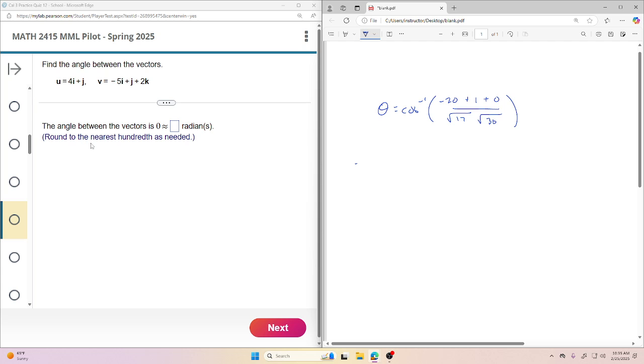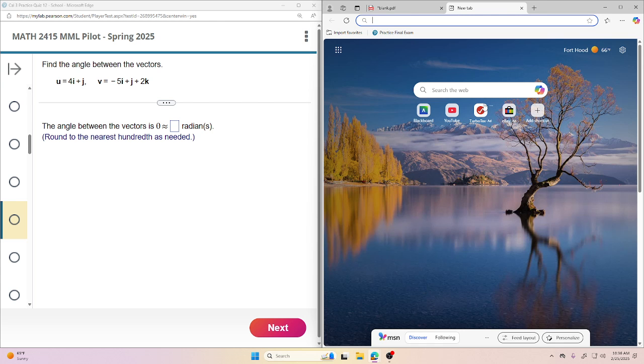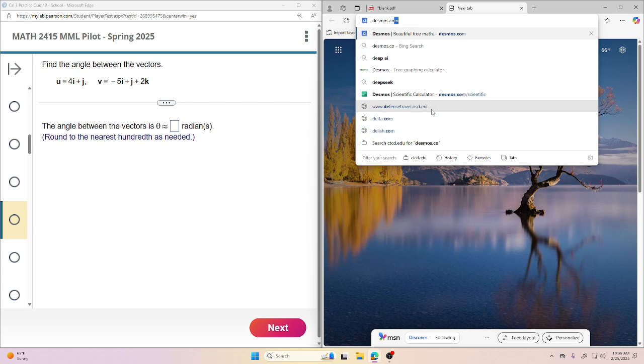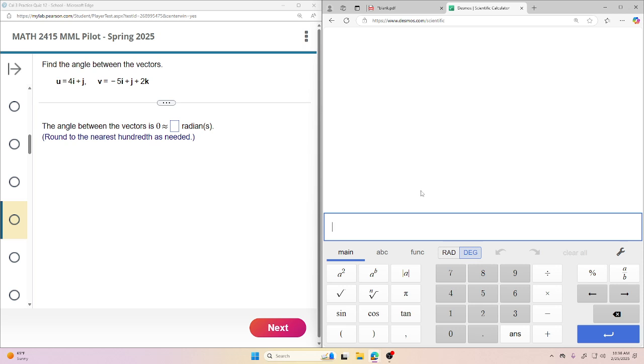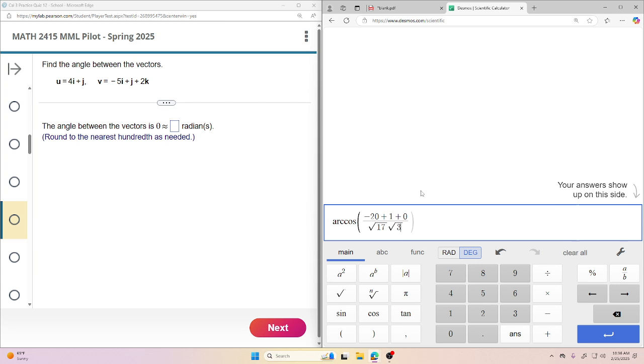Notice that it says round to the nearest whatever, so that's definitely going to be Desmos stuff, right? Any questions on this kind of thing right now? No, you're okay with this? Negative 2 plus 1 plus 0, over square root 17 times square root 30.